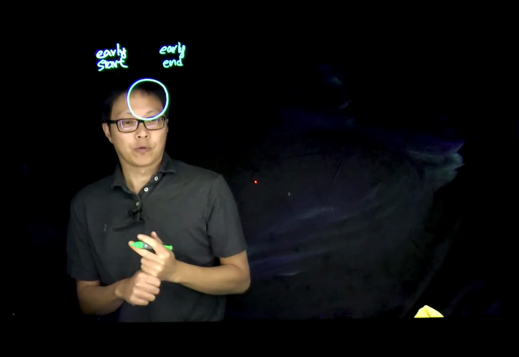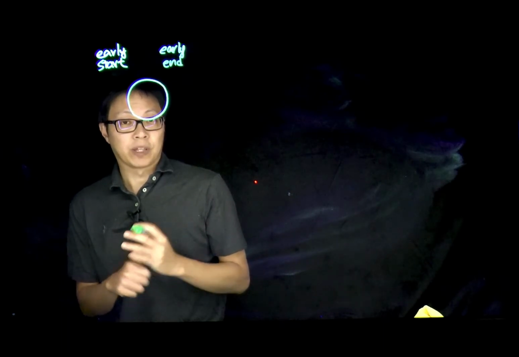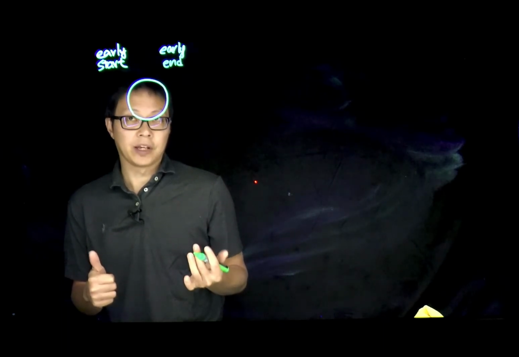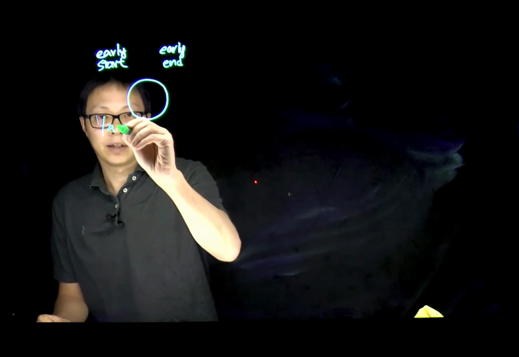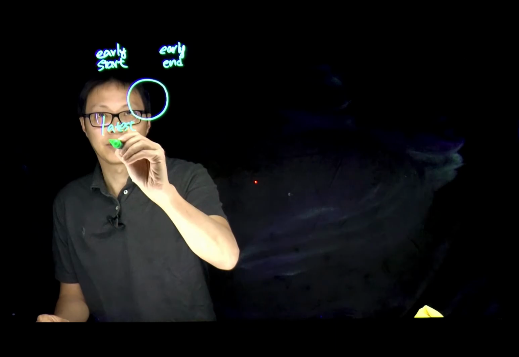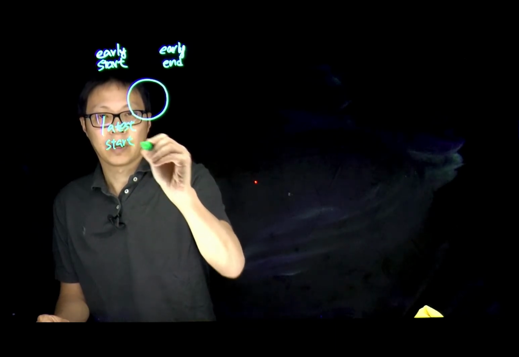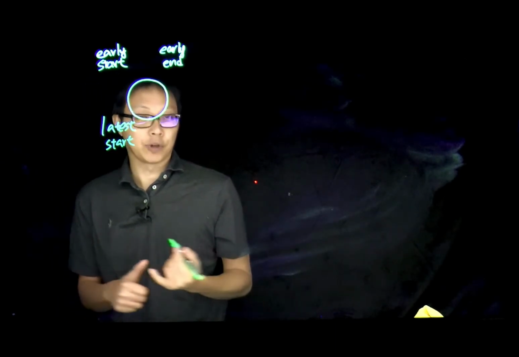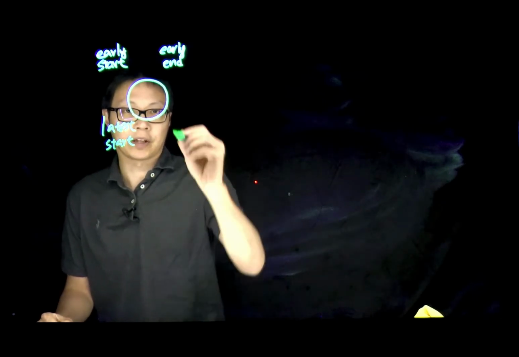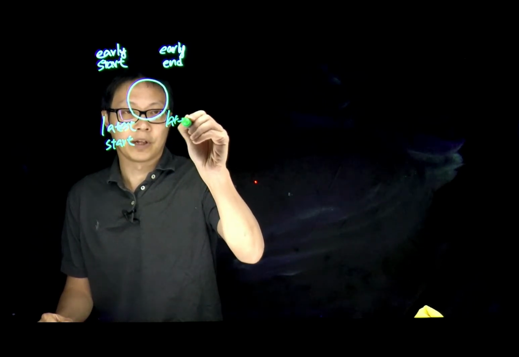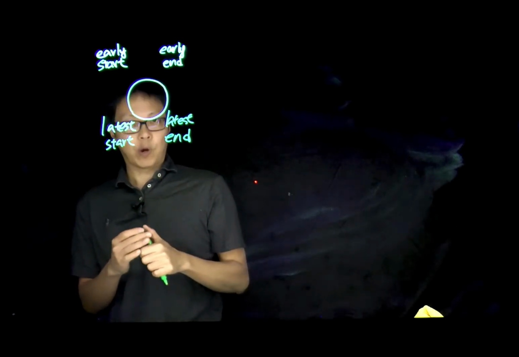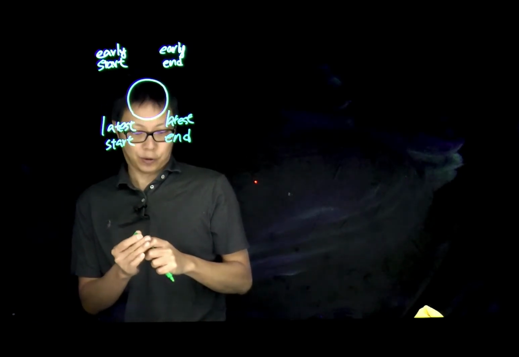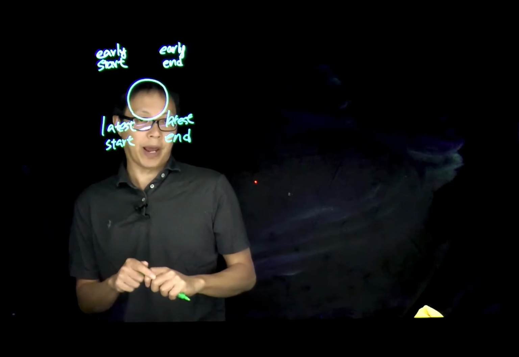Similarly, we want to know how much you can delay this particular activity, so we want to find out the latest start time, and the latest time you need to finish this activity, which is the latest end time. We use these 4 numbers to find out our critical path.